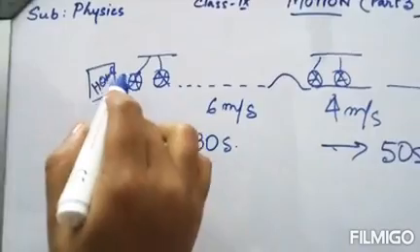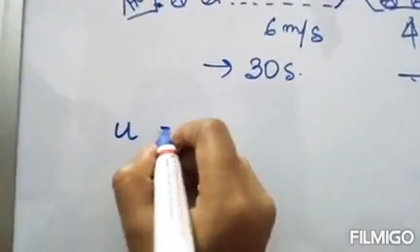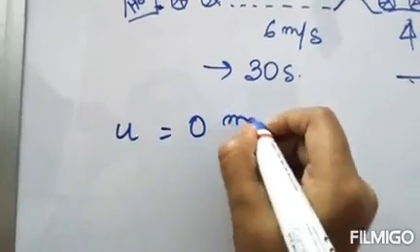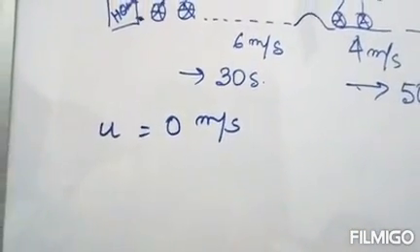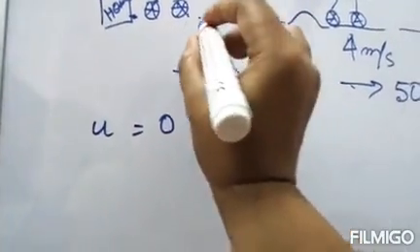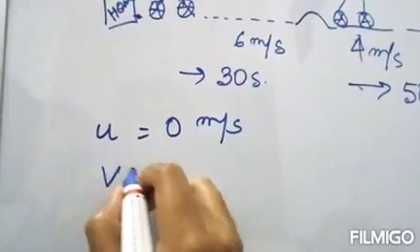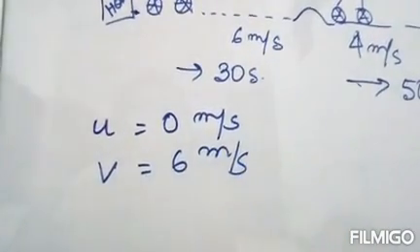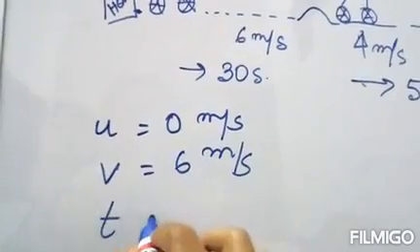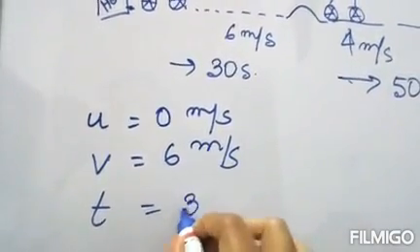From rest means your initial velocity is 0, there was no motion initially. And what was your velocity when you geared up? That was 6 meter per second. And for how long did you continue to move with 6 meter per second? For 30 seconds. Correct?